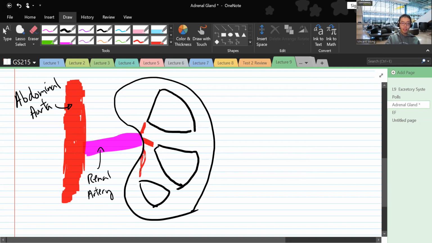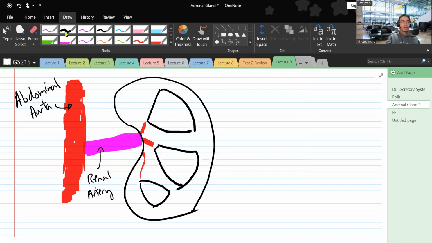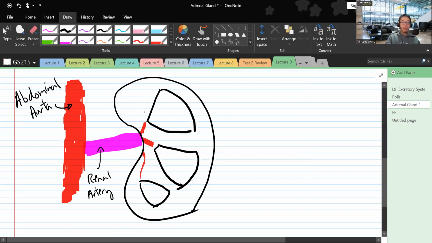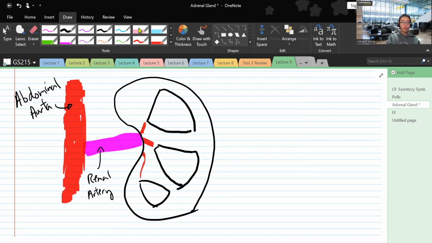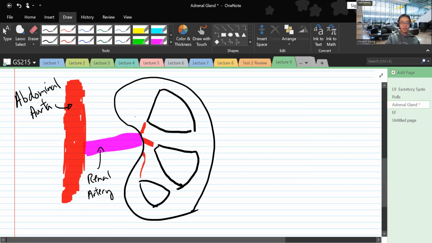These smaller ones are called the segmental artery. Little segments. Segmental. I'm just going to put A.